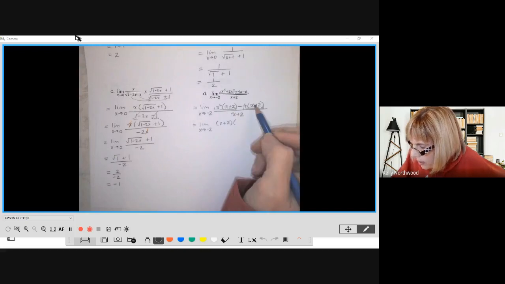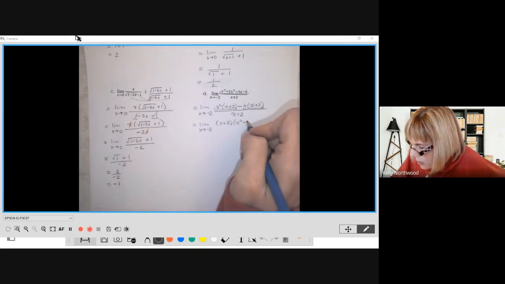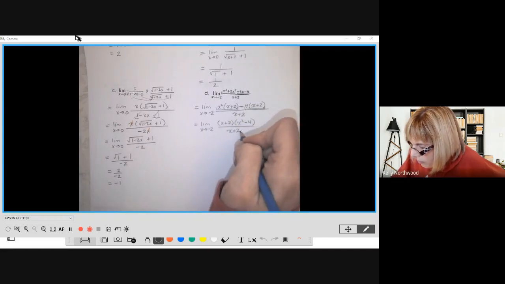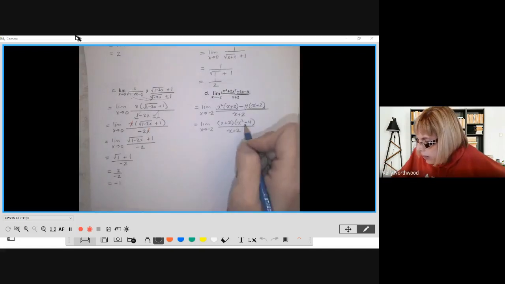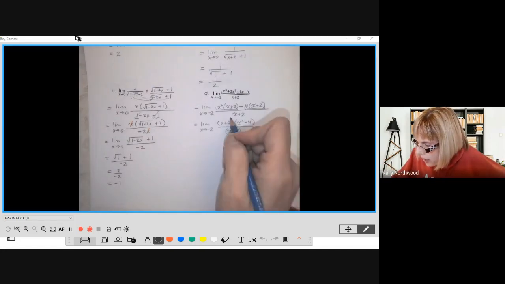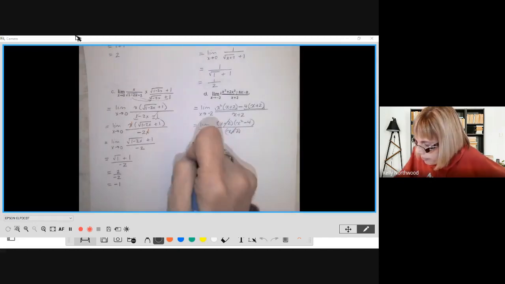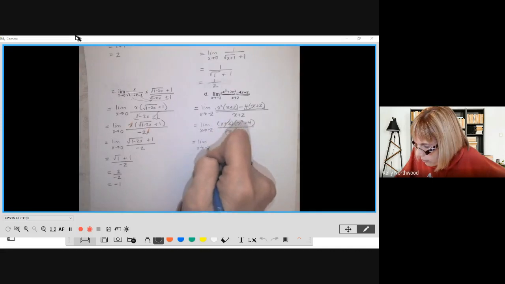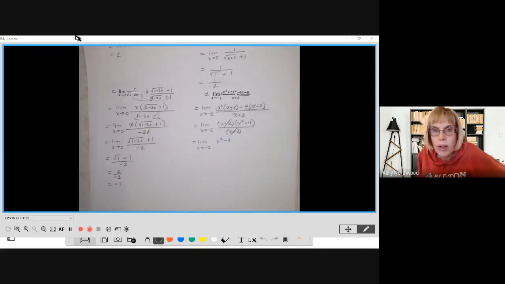And if I common factor out the x plus 2, I'm going to be left with x squared minus 4. And without even factoring the x squared minus 4, I can already divide out that denominator, which was my problem. So now that my denominator is just 1, I can sub in negative 2.